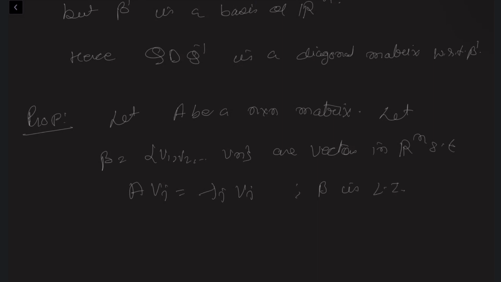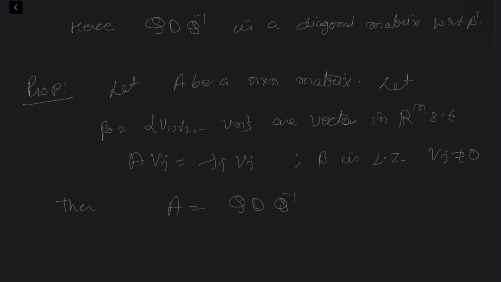So basically these v1, v2, up to vn are vectors that satisfy this condition, that A of Vj equals lambda j Vj. These Vj's are not zero. Then A is diagonalizable, that is A equals Q D Q inverse.